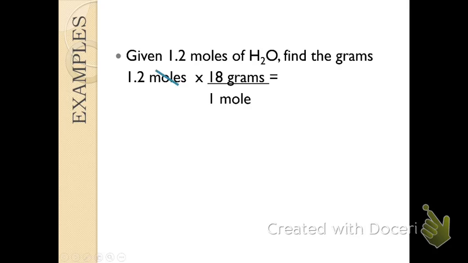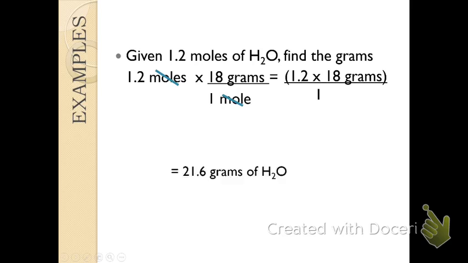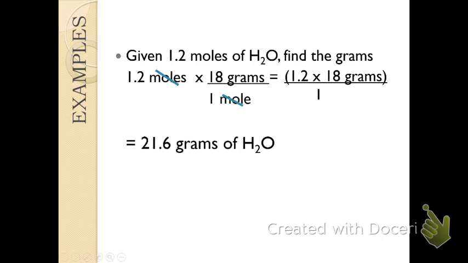Your moles, of course, are going to be canceled because you're multiplying it by the molar mass. And your 1.2 times 18 is going to give you 21.6 grams of water. So I have my number, 21.6, and grams of H2O.